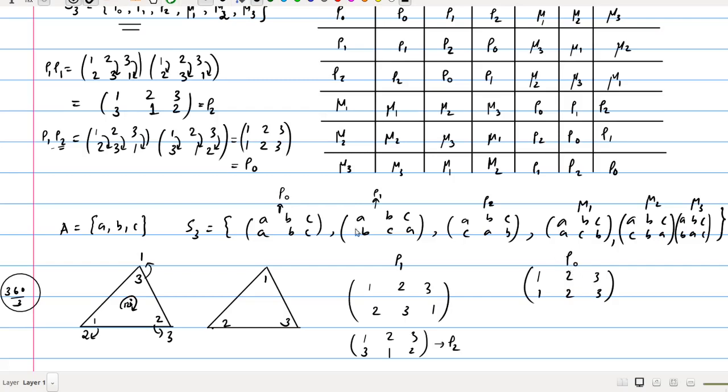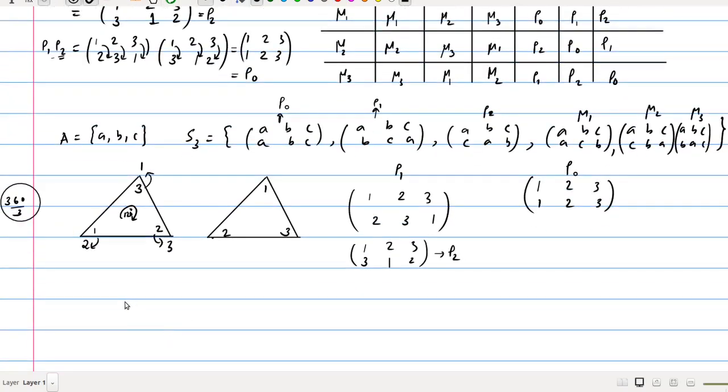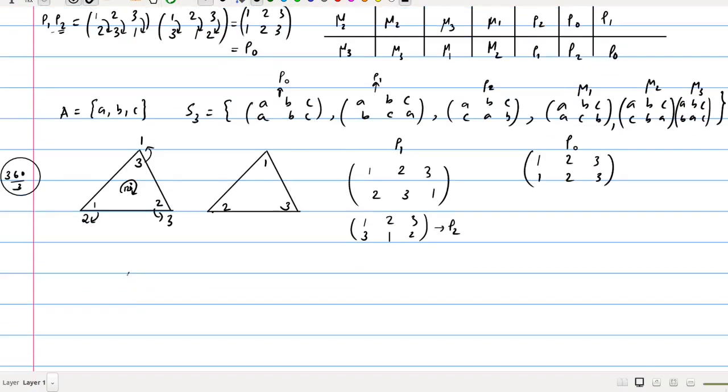That's why we call these functions or permutations rho 0, rho 1, rho 2. Similarly, consider another symmetry of the same triangle. If you consider the equilateral triangle with vertices 1, 2, 3, and a perpendicular bisector passing through one of the sides, then you can reflect it.